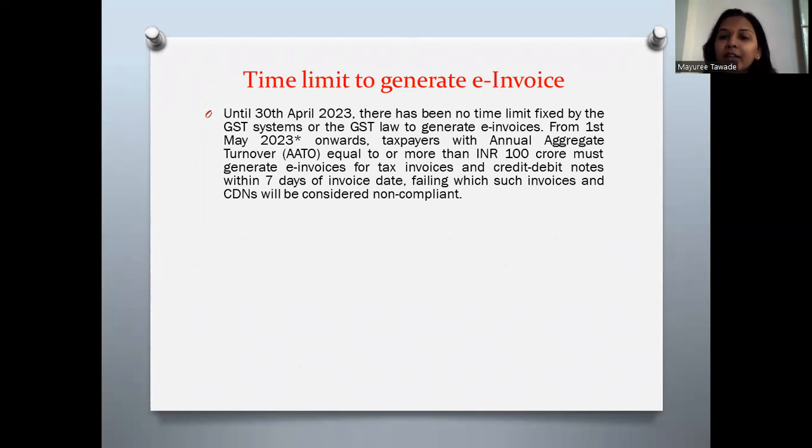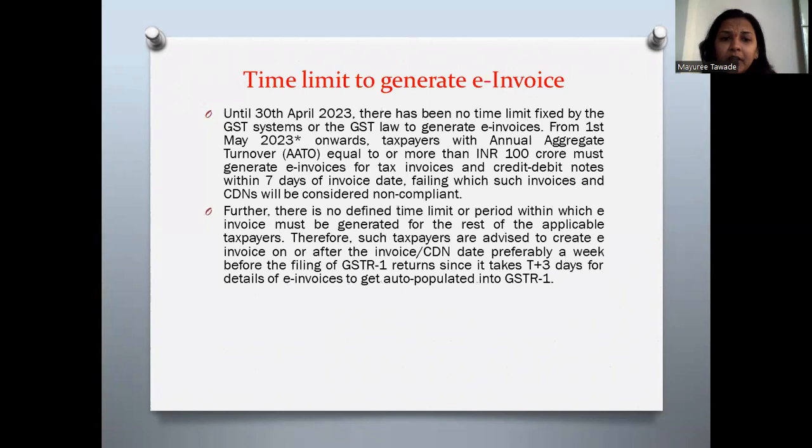or more than 100 crores must generate e-invoice for tax invoices and credit debit notes within 7 days of the invoice date, failing which invoices and CDNs will be considered non-compliant. Further, there is no defined time limit within which e-invoice must be generated for the rest of the applicable taxpayers.